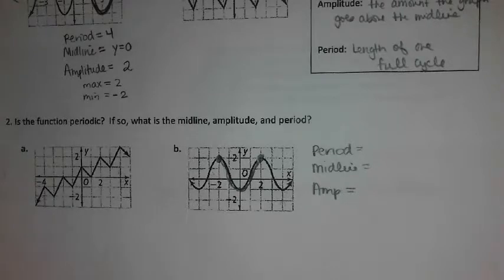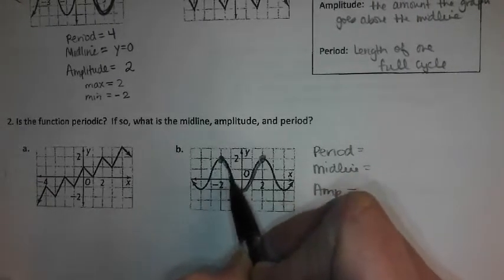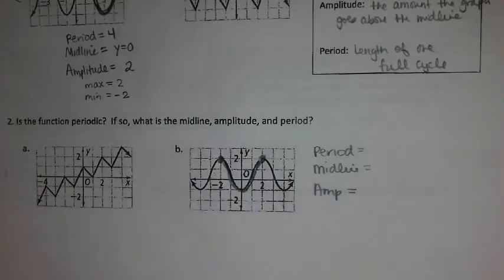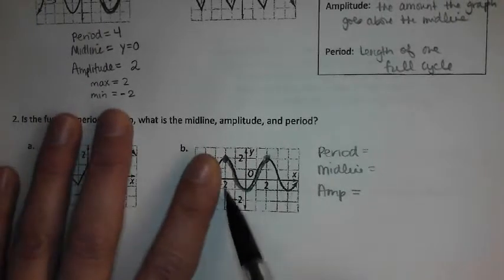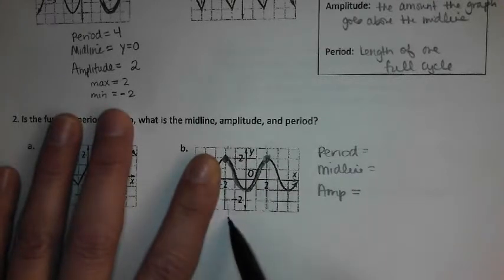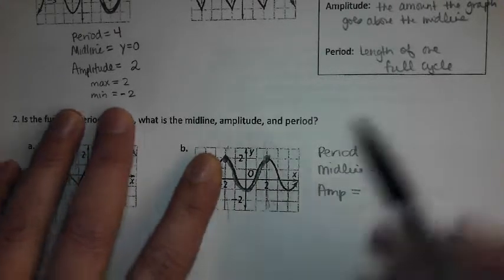Correct. So here's my cycle, starting at -2, ending at 2. What is my period? Period is the length of that cycle, so from start to finish. How long did that take? 4 units.